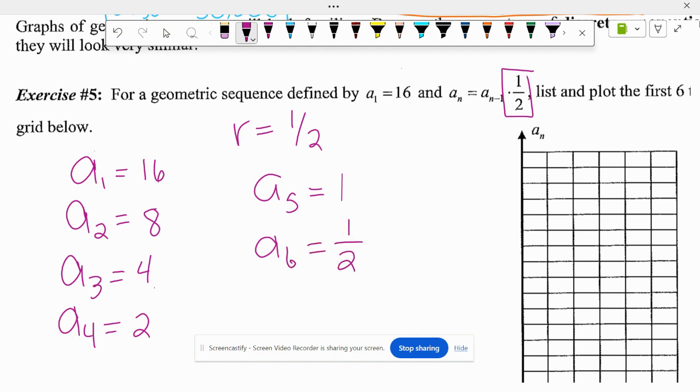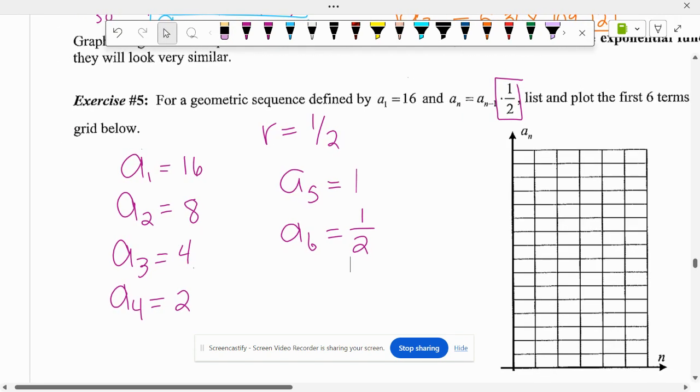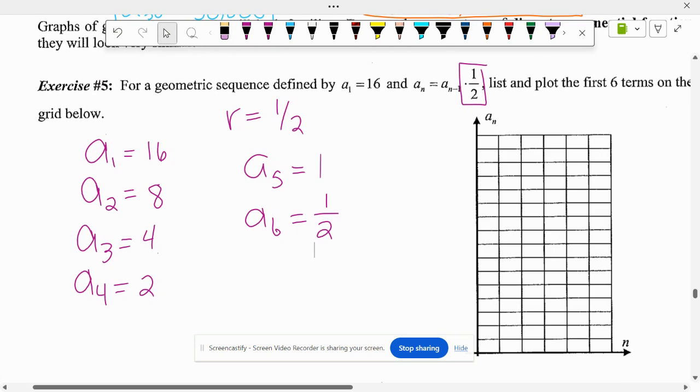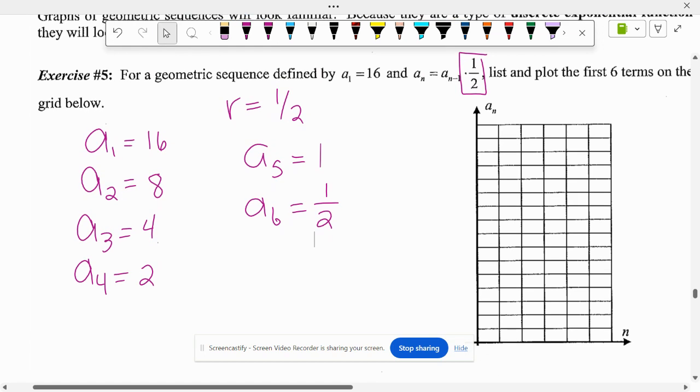Yes. So we need to graph those ordered pairs. So when my sequence term is 1, my output is 16. And I had to count all the way up to here. I'm just counting by ones. This is 16.